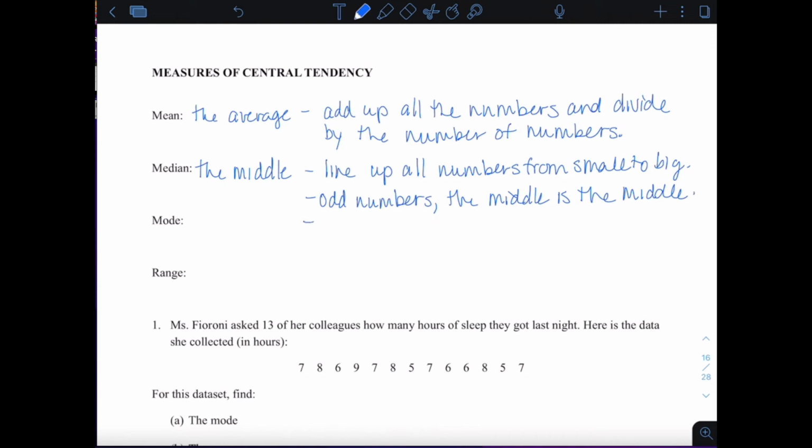But if there are an even number of numbers, there won't be a middle number. So let's say if I listed 4 numbers and I asked you for the median, you couldn't just pick one, because that's an even number of numbers. So what we do is we take the 2 middle numbers and average them.